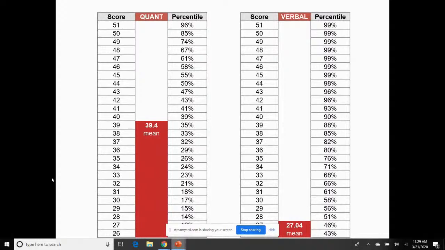Kana, I'm saying that the individual subscore percentiles don't matter because your overall score does not come from those numbers. And if you notice on this chart, the mean score for verbal, what is the percentile for the mean score for verbal?